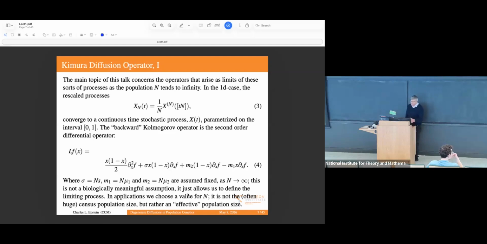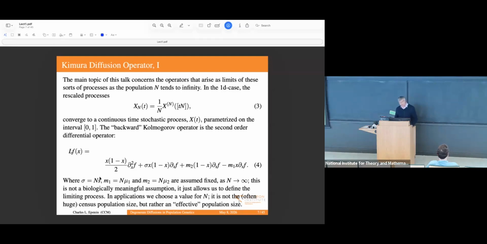So now, what we say when we take this limit is we assume that these numbers n mu1, n mu2, ns are fixed as n goes to infinity. And of course, biologically, that makes no sense at all because mutation rates don't change with the population size, and neither does the selective advantage. So it's a construct in order to get a limit.